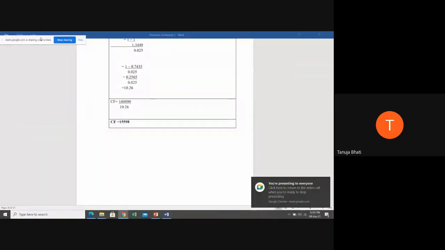Next, moving ahead. Ma'am, the screen is not visible. Okay. Now is it visible? I'll just move this here. Is this visible? Yes, ma'am. Okay.